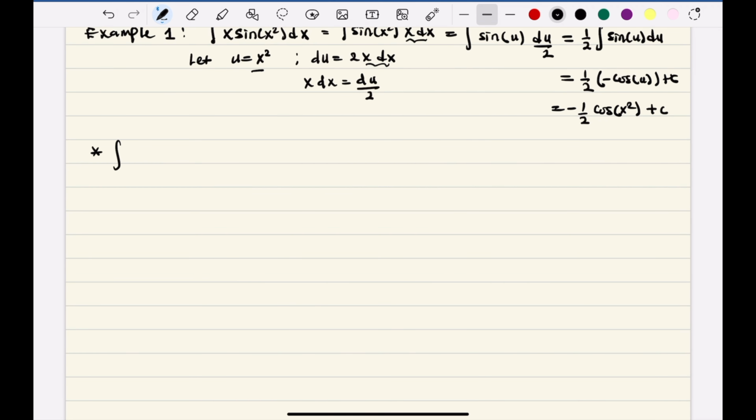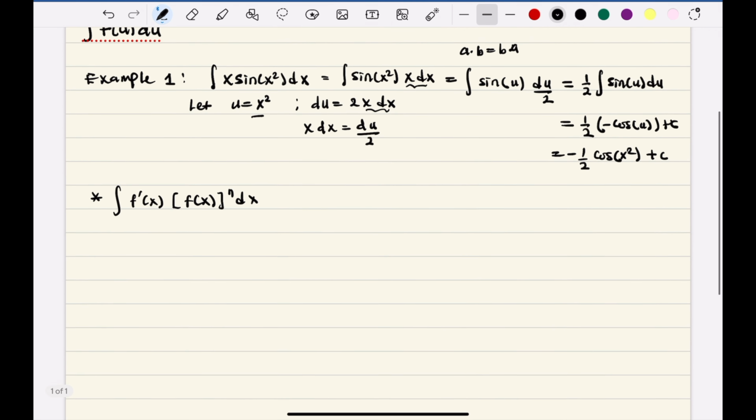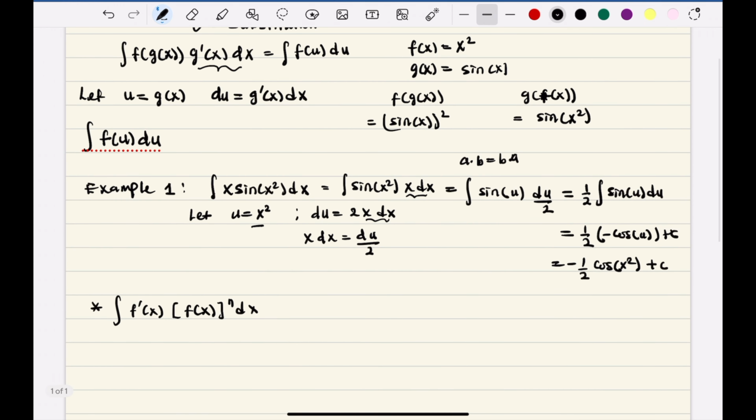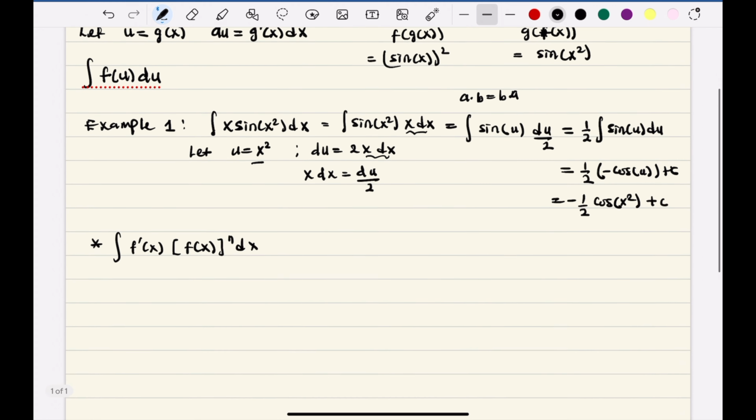If we have the integral of f prime of x, multiplied by f of x to the power of n dx, this is similar to the earlier case, but it's not quite obvious.